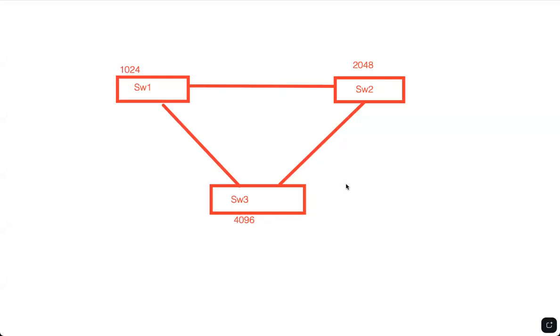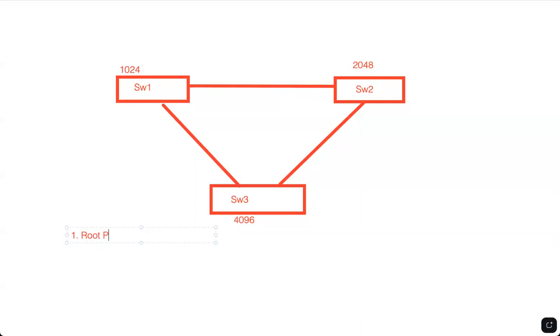Same thing, I took a similar topology as an example. I have taken 1024, 2048, and 4096 as the spanning tree priorities. So now we have to look into the port roles, right?